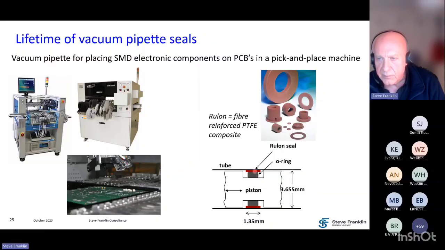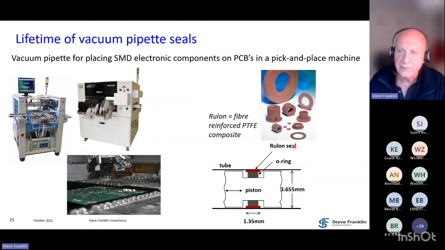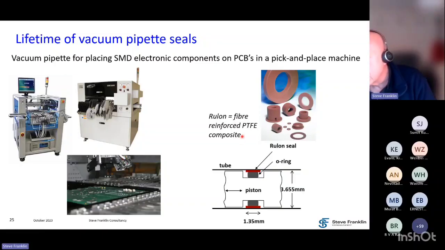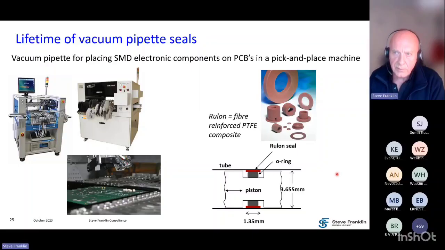There's an O-ring which presses against a seal, and in this case the seal is made of a material called Rulon, and Rulon is a Teflon, PTFE composite, which is a PTFE that has been reinforced with fibers to make it a bit more wear resistant. So it's a fiber reinforced PTFE composite, a commercial material.